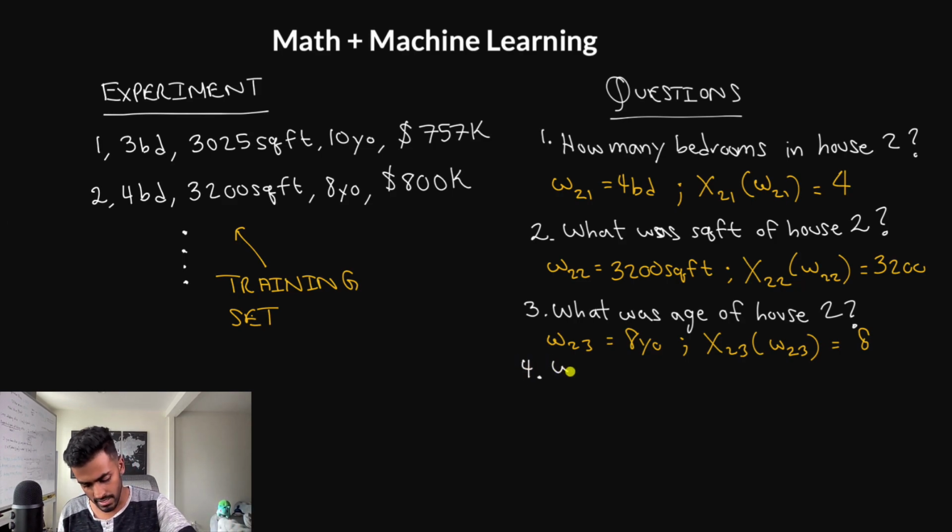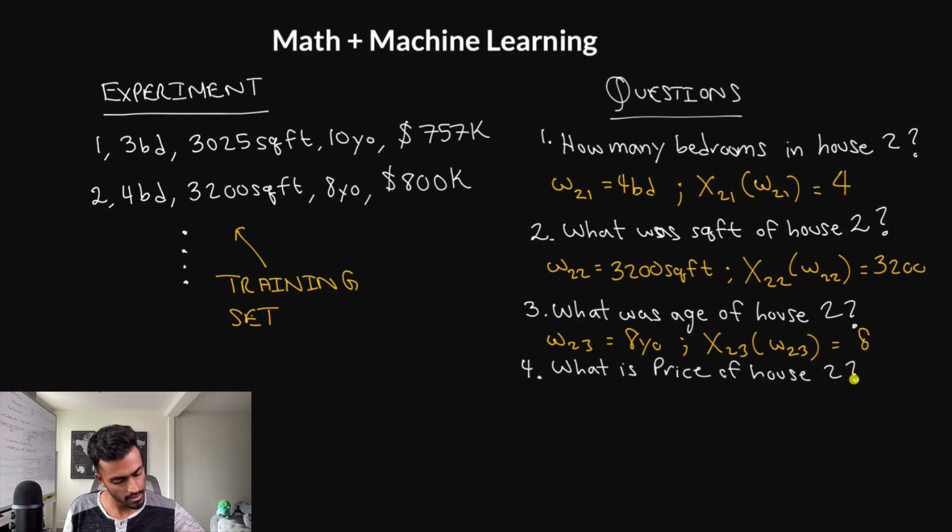And let's say a final question for now that we want to ask here is, what is the price of house number 2? And this one I'm going to call just straight up omega 2. We don't have that as an outcome variable name. So I'm going to call omega 2, and this is $800,000.